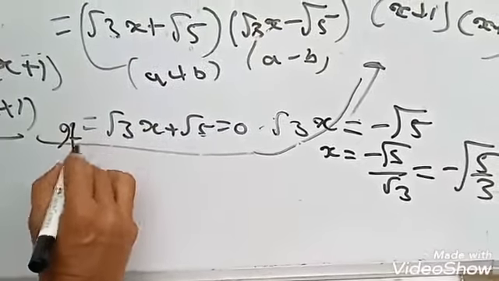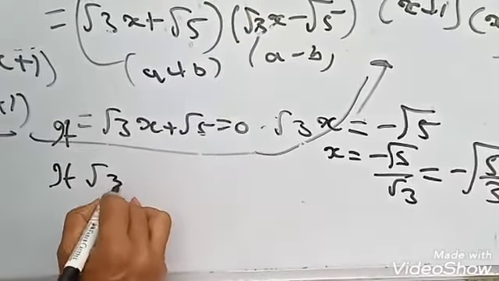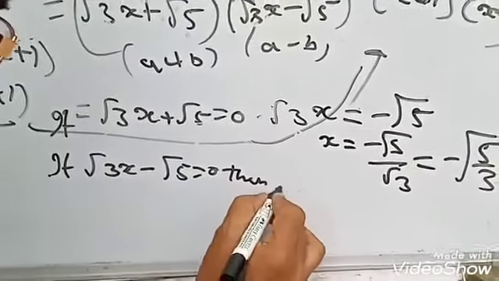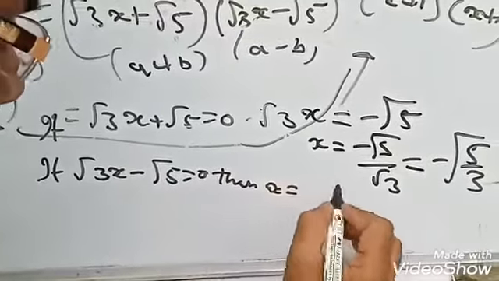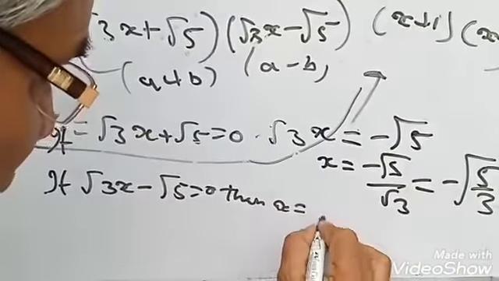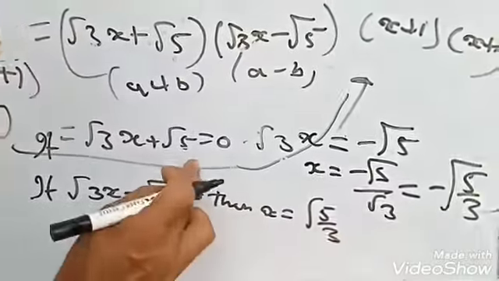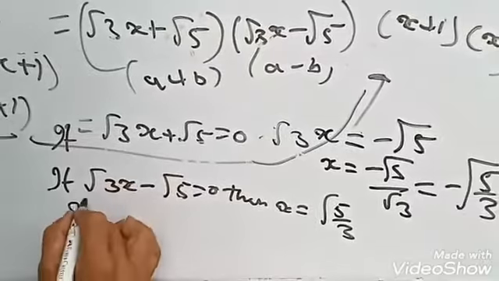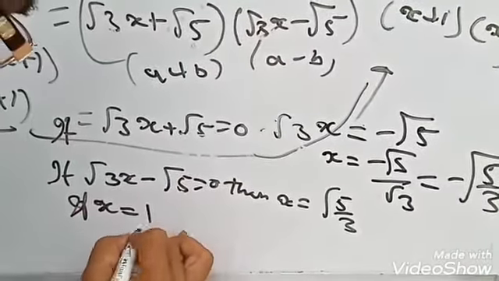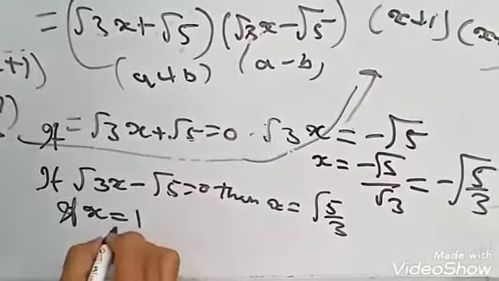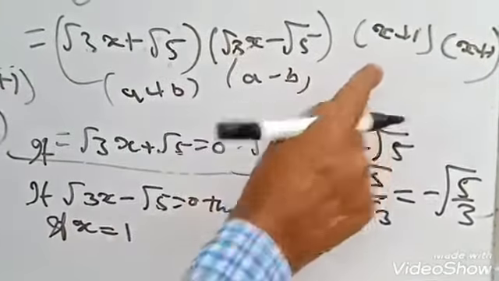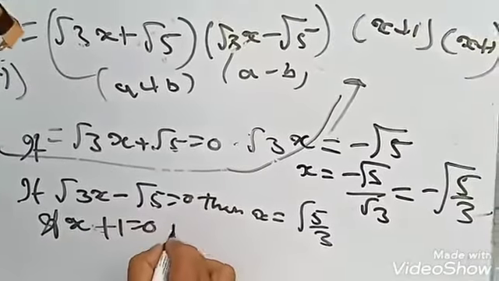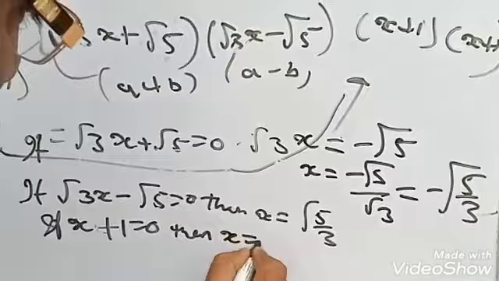If root 3 x minus root 5 is equal to 0, then x is equal to root 5 by 3. You can solve this. On the basis of this, you can solve this. If x plus 1 is equal to 0, then x is equal to minus 1.